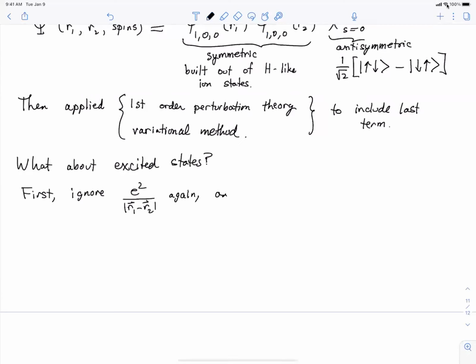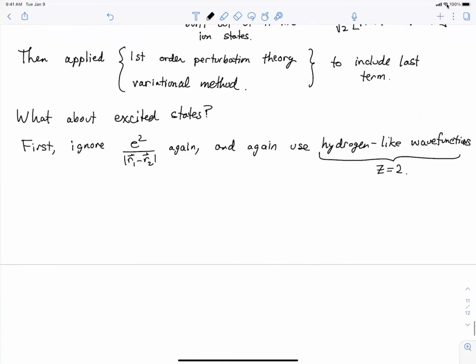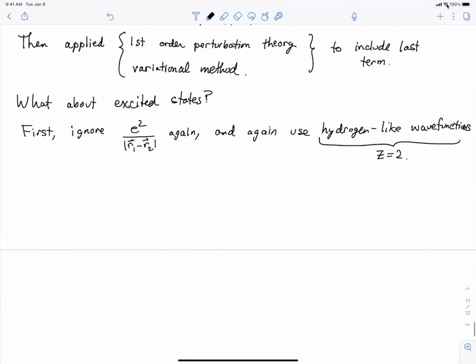And again, use hydrogen-like wave functions. The only thing we have to be careful of course, is that when we use hydrogen-like wave functions, we're doing them with Z equals 2, not Z equals 1. That is, if we're doing perturbation theory.